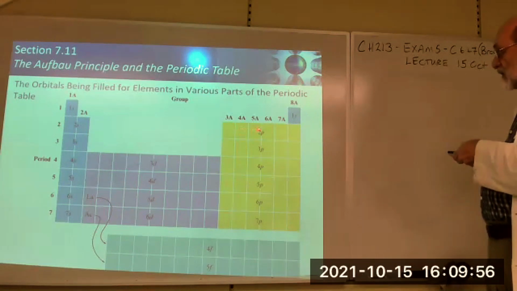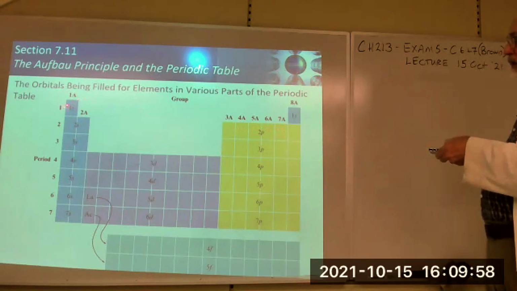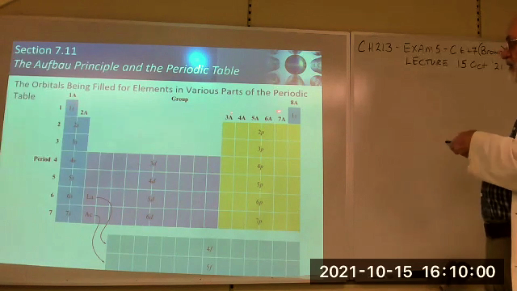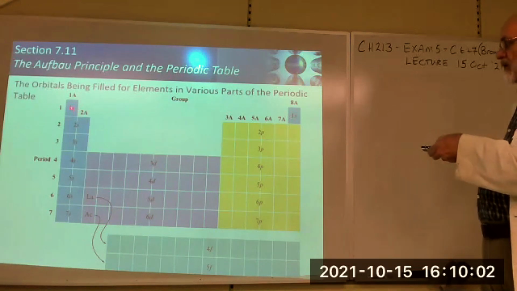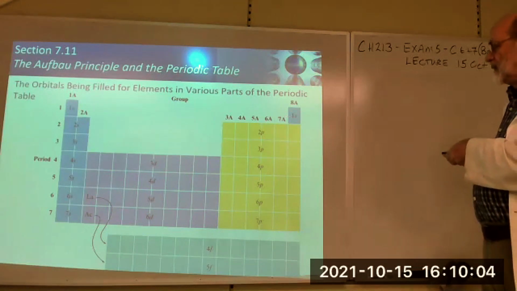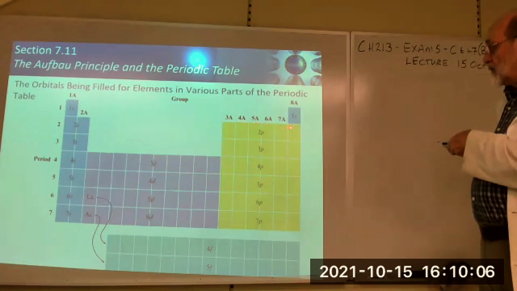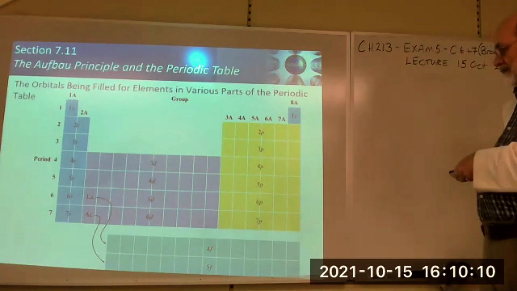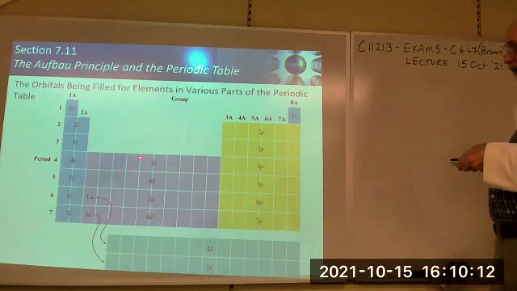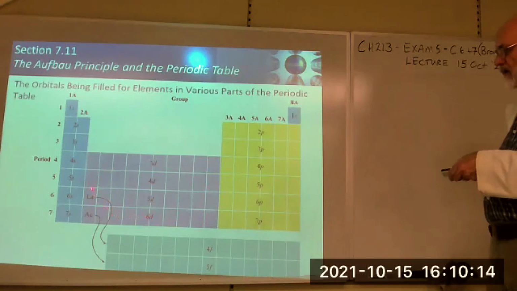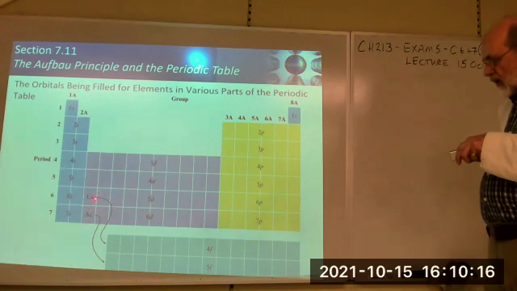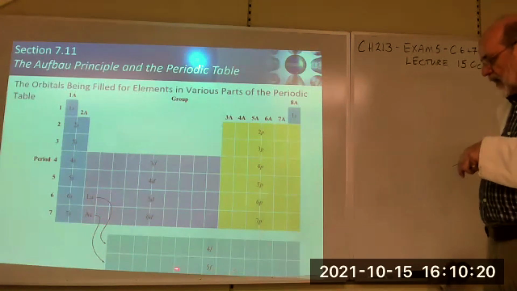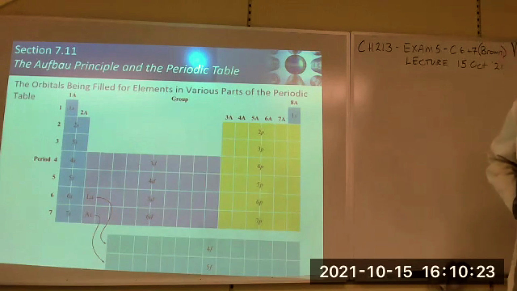That's true for hydrogen and helium also, they're s orbitals only. All of these are filling p orbitals. And all the transition elements are filling d orbitals. And then stuck right in here, the lanthanides and the actinides, they're filling f orbitals. Okay?